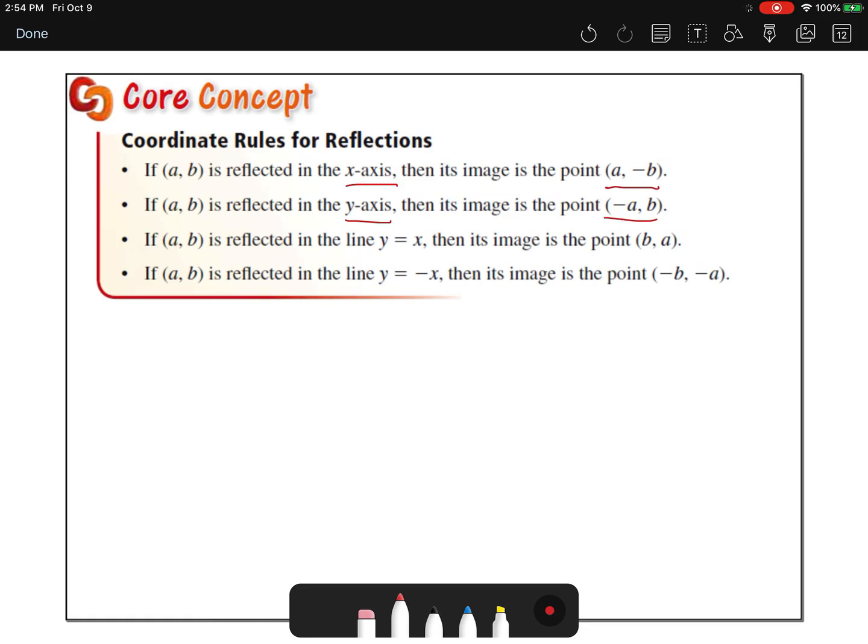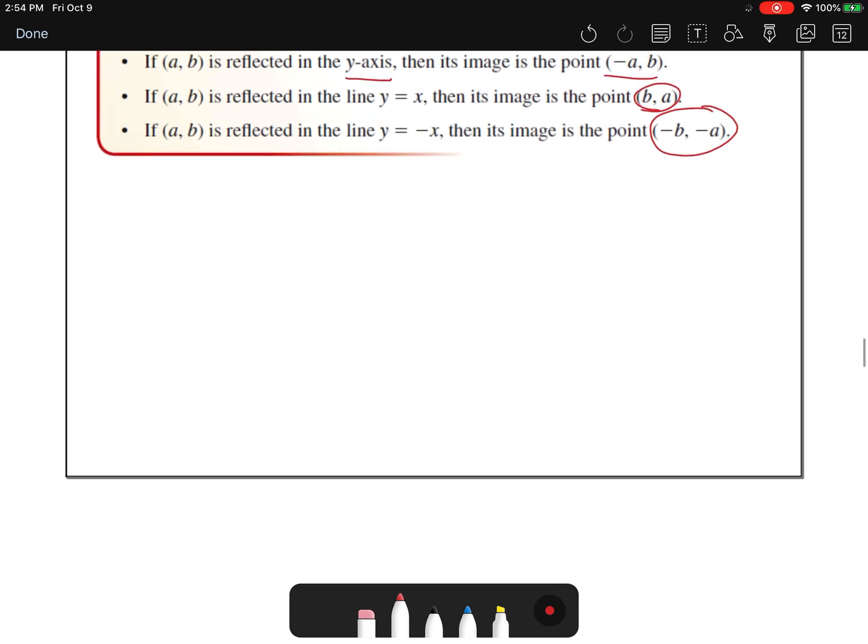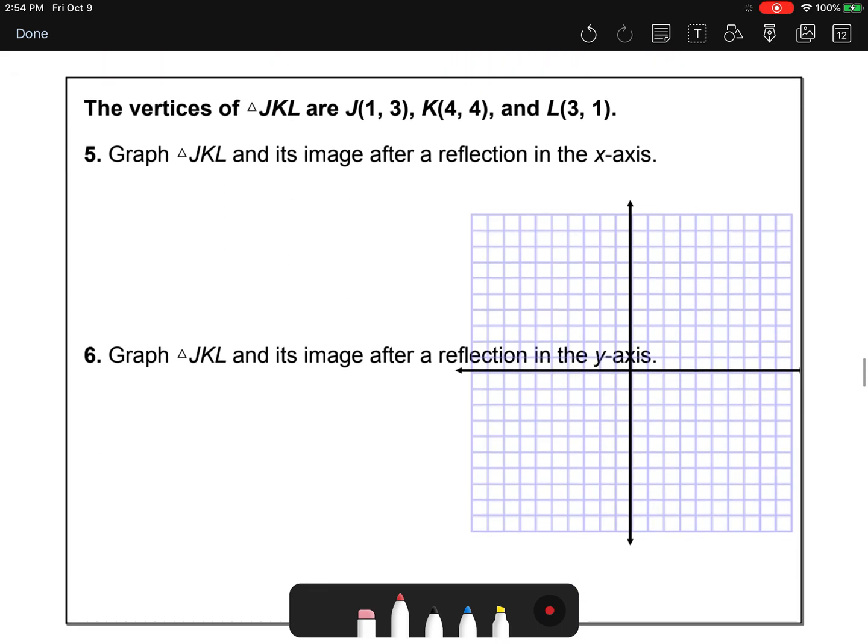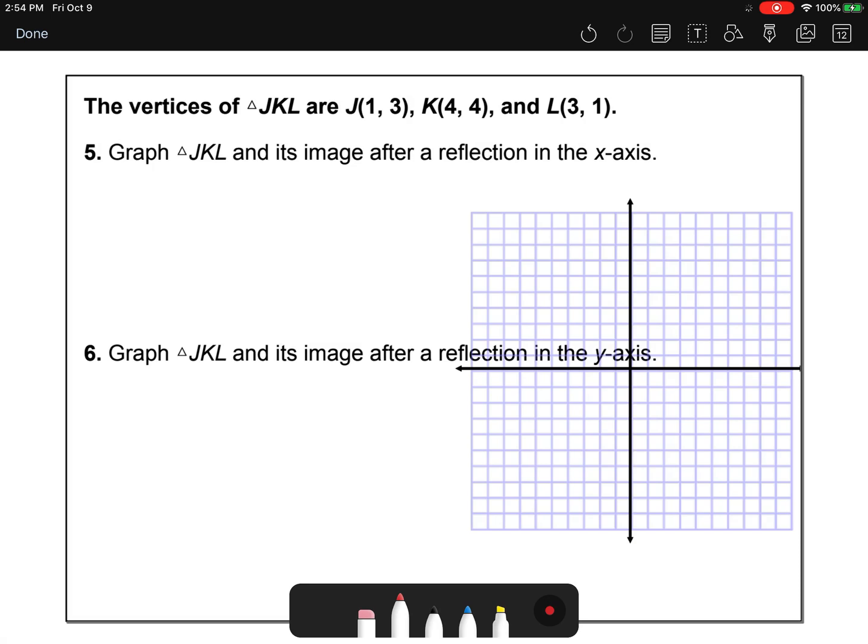If AB is reflected in the line y equals x, then we simply interchange x and y. And if it's y equal negative x, it's the opposite and reciprocal. We switch them.